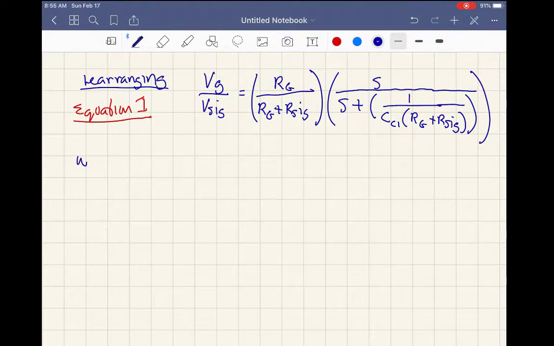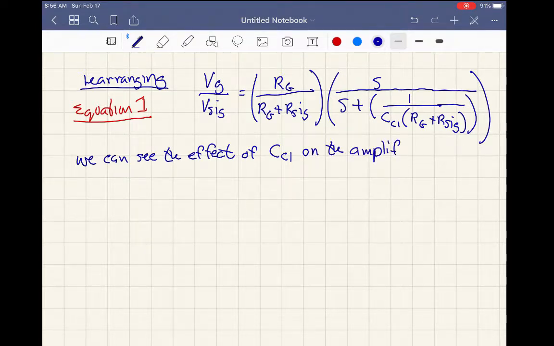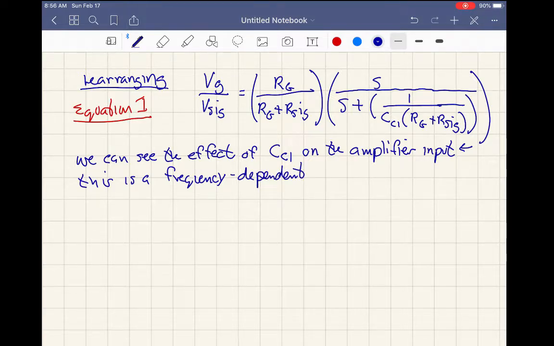So let's write that down: we can see the effect of C1 on the amplifier input. This is a frequency-dependent factor.